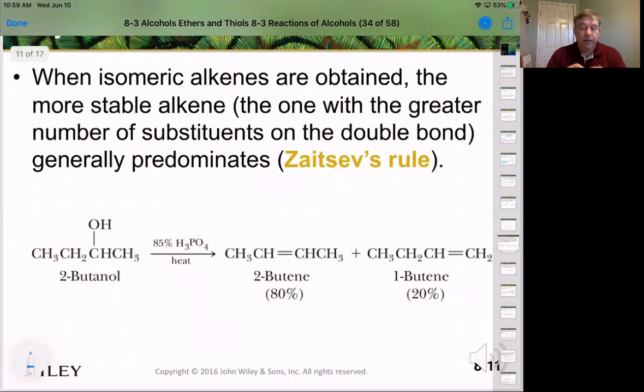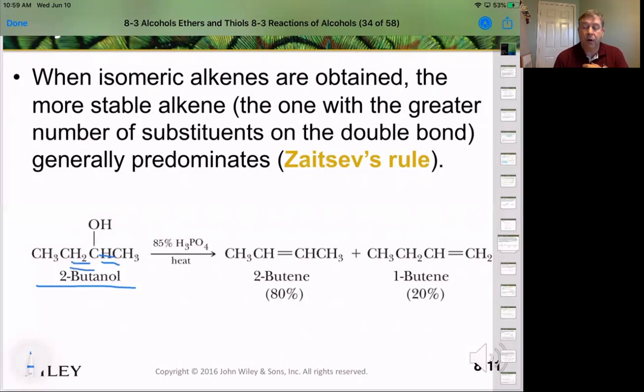Okay. Now, when we do this, we want to make sure we follow Zaitsev's rule, meaning that the main isomer produced is going to be the more substituted double bond whenever possible. So in the case of 2-butanol here, we could form the double bond between the terminal methyl group or this internal methylene group.